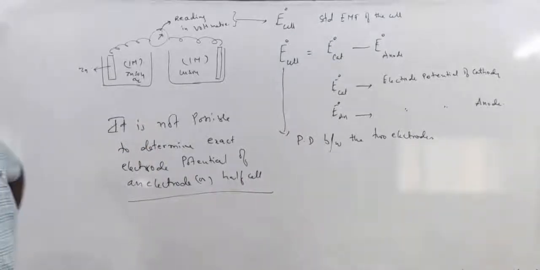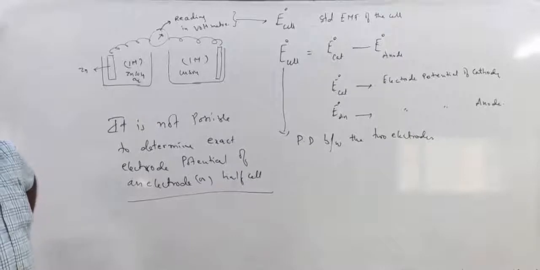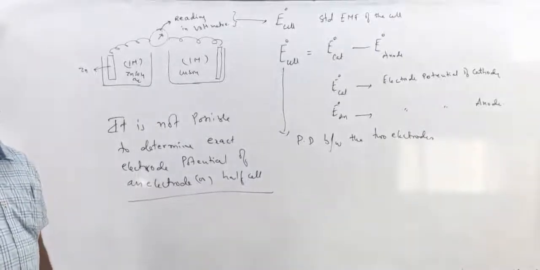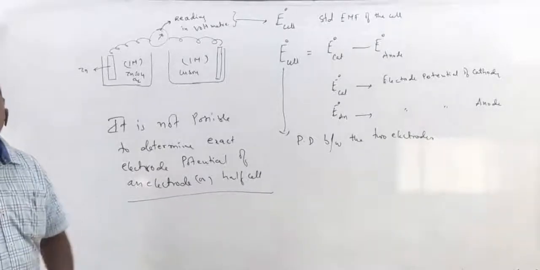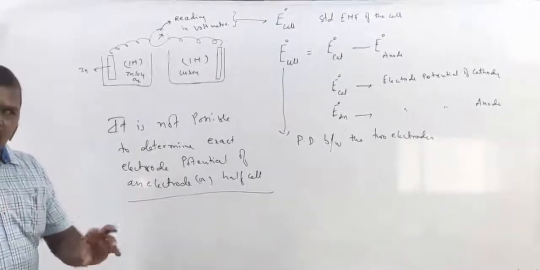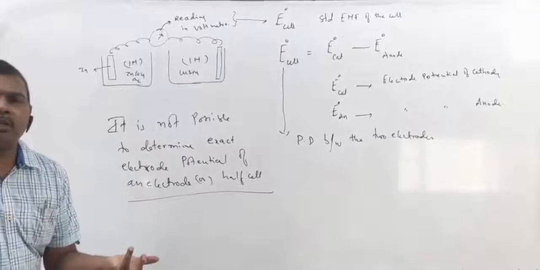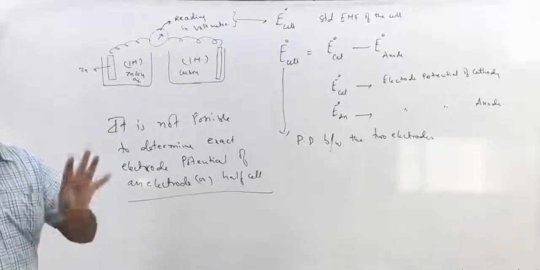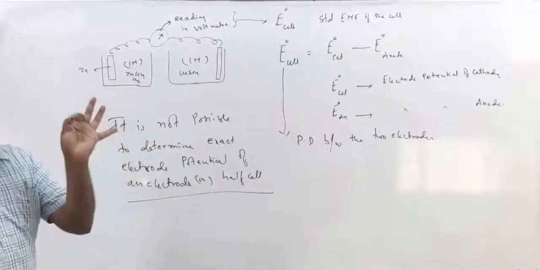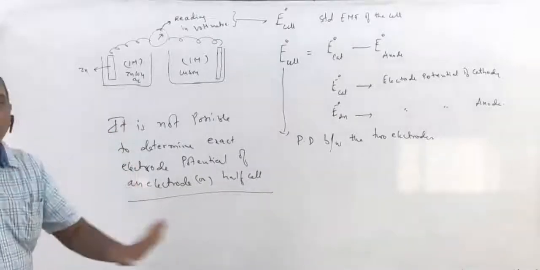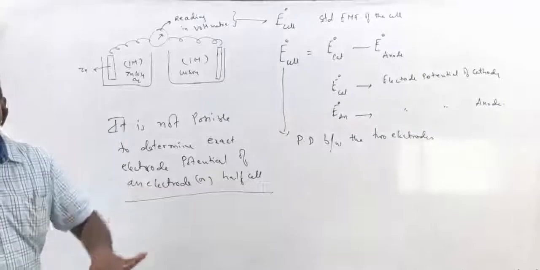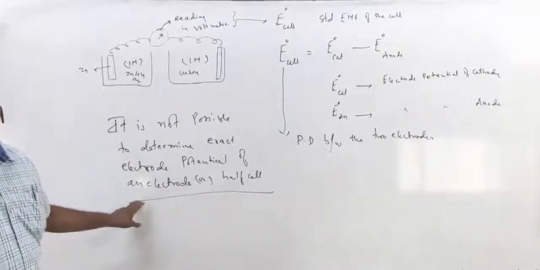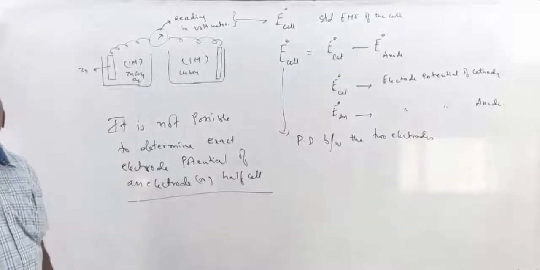So we do not have any device to determine the single electrode potential value. But it is possible to determine the potential difference between any two electrodes.